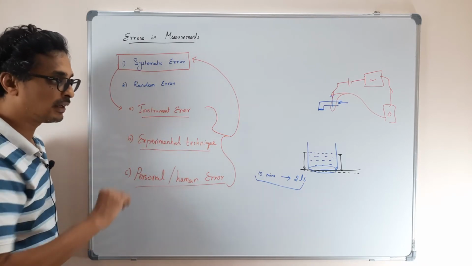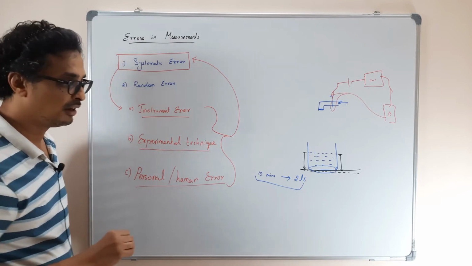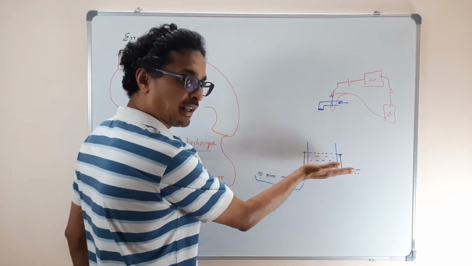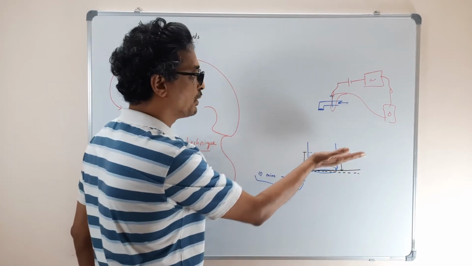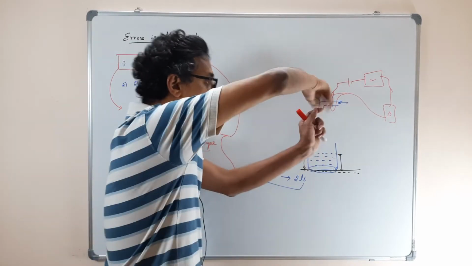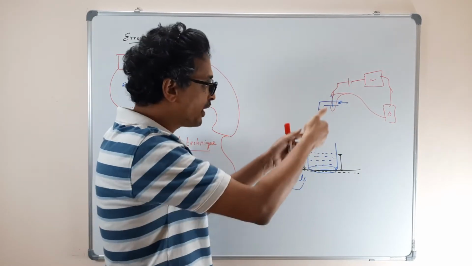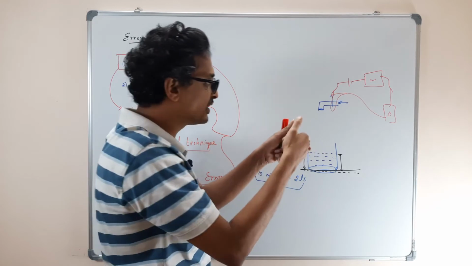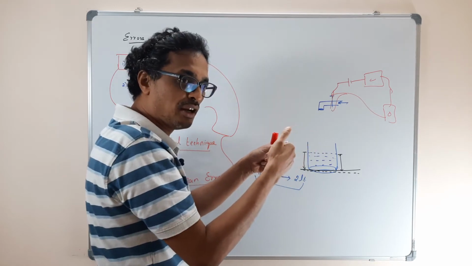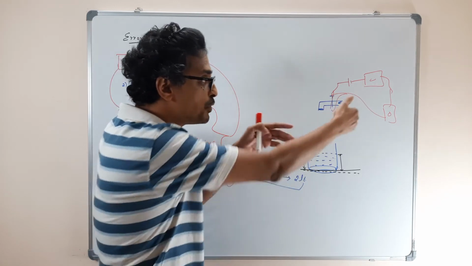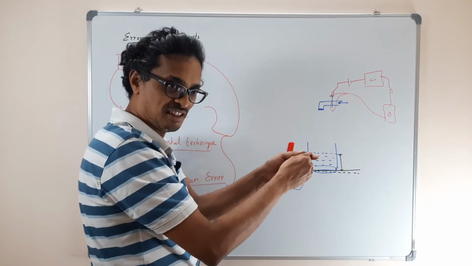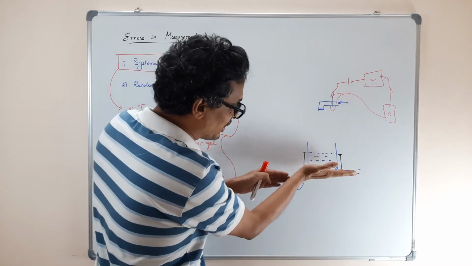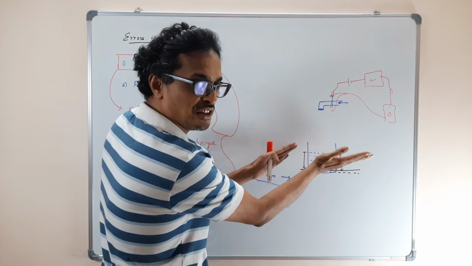What about experimental technique? Make the experimental technique proper. In experimental technique, instead of me going and closing the lock or something, you make it all electronic, so the response of the system will be very fast. And this level, everything I make perfect.